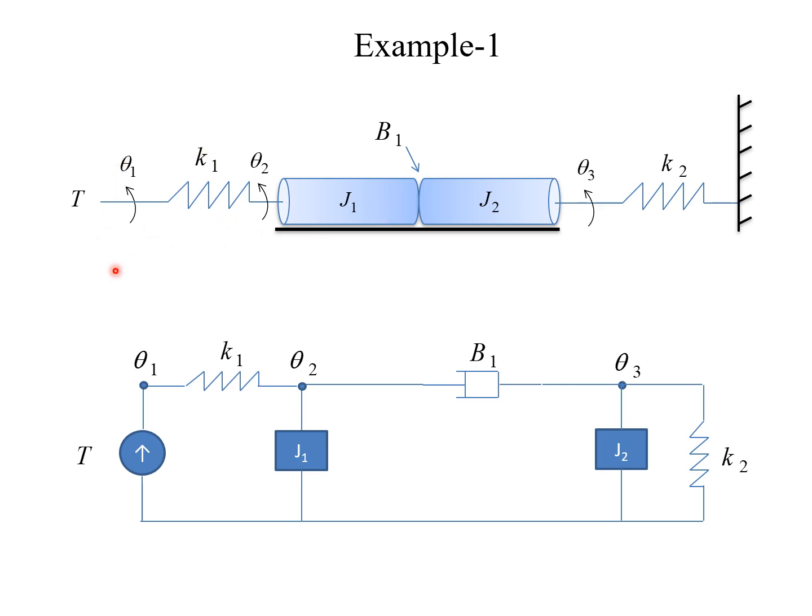As you can see, I am applying a torque in this direction. When a torque is applied over a rotational mechanical system like this, you will have an angular displacement theta 1. Since it is a spring, you will obviously have two different angular displacements on either edge of the spring K1.